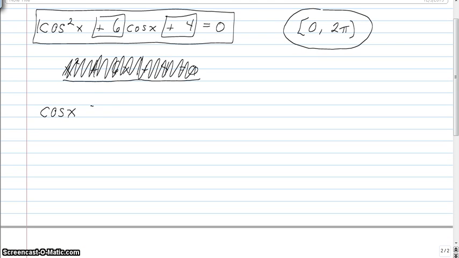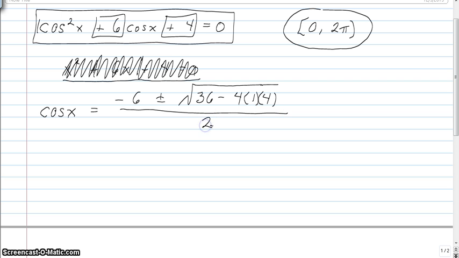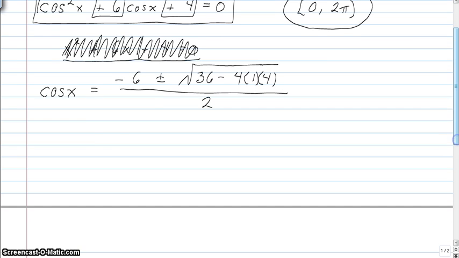And so if we plug in to our quadratic formula, we'd have the square root of b squared, which is 36, minus 4ac, all over 2a. And we could simplify this a little bit.